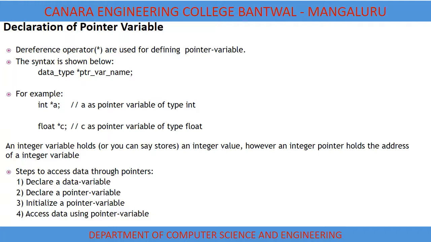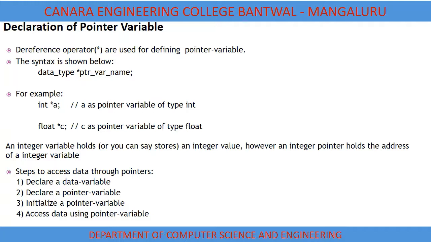So in this example, I have declared a pointer variable of type int. So I have given it as int followed by a space followed by a pointer operator, that is a star, and followed by the variable name or pointer name as a.